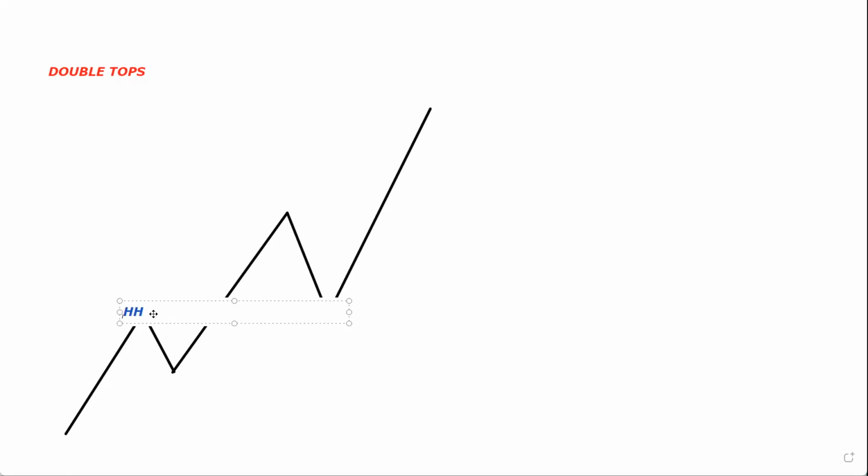An uptrend has higher highs and higher lows. This is how an uptrend looks. If you do not understand market structure, this is definitely going to give you a headache. But if you understand market structure, you should be in a good place to understand what's going on here.